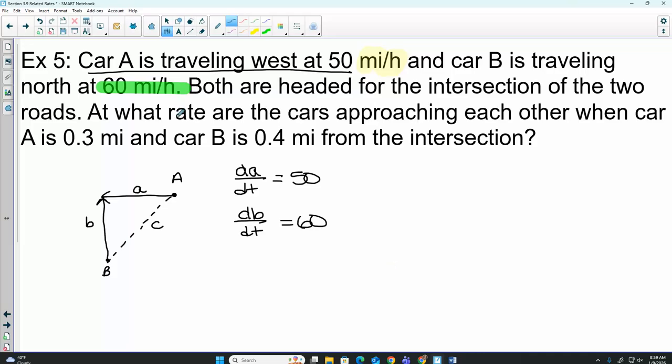I want the rate. When you see rate, what am I asking for? A derivative. The rate the cars are approaching each other. So I need the derivative of the distance from each other. So I'm looking for dC/dt.